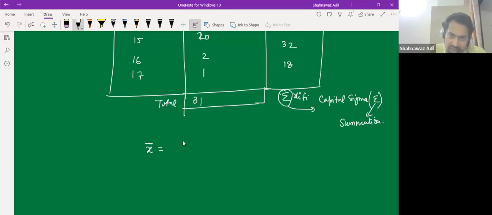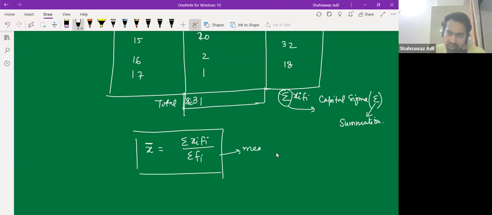This is calculated as the summation of xi fi divided by the summation of the total frequency, the total students. So this is the summation of fi. That part you already know, right? In your ninth class, we have studied this, right, guys?